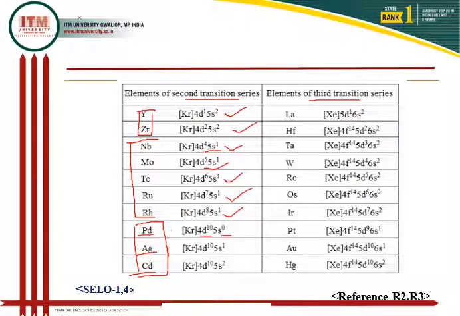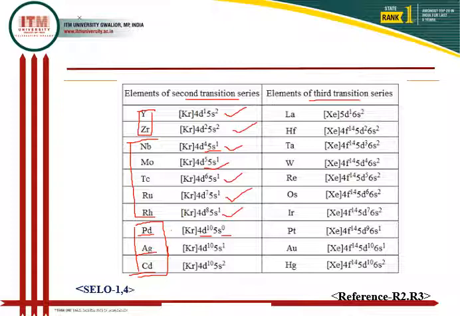So according to the electronic configuration, we can categorize the second transition series into three parts. One has the complete d subshell, but a different outermost shell: palladium, silver and cadmium. Then yttrium and zirconium have a similar outermost electron configuration and a regular pattern.